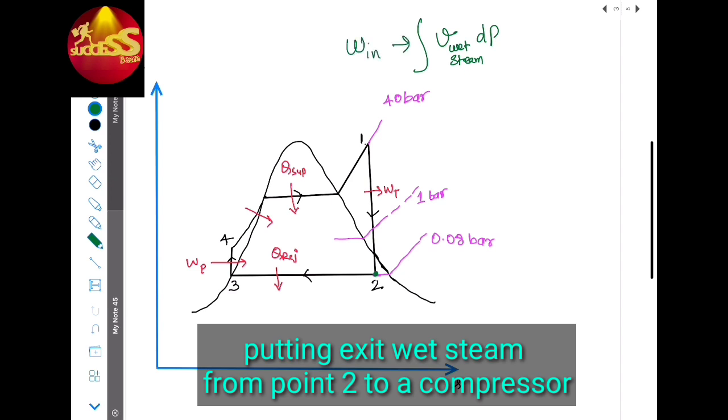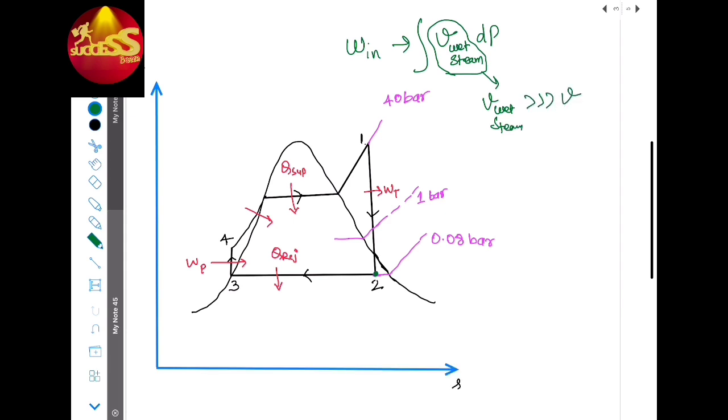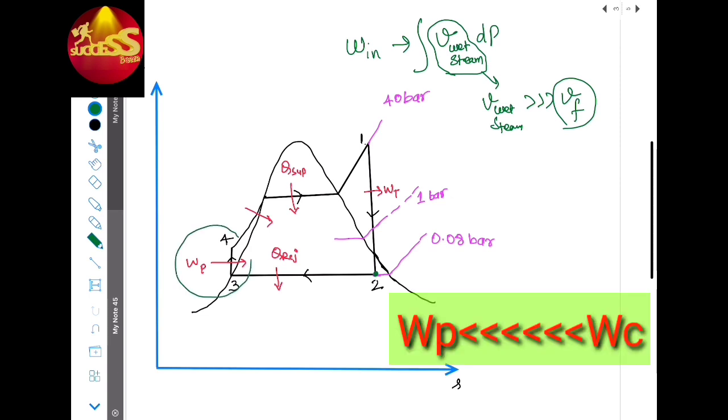And you know that the specific volume of wet steam is much higher than the liquid water. So the work required by the pump is very less than the work required by the compressor, which is compressing the wet steam.